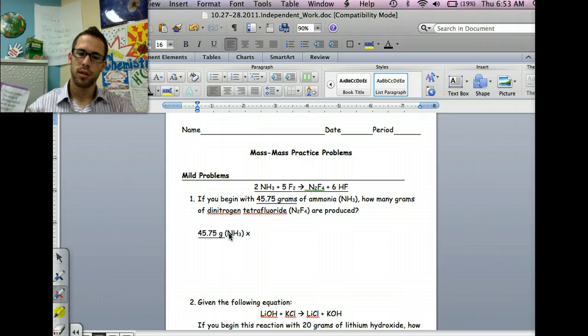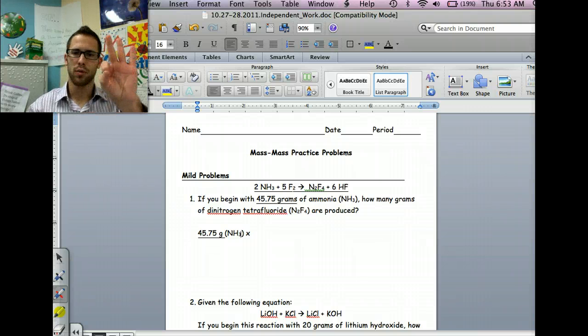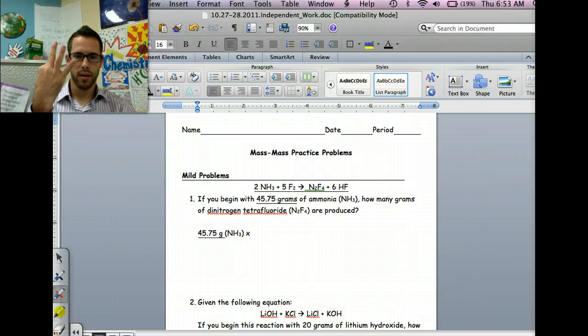Nice, I am right. So that's 14 plus H3. I have 3 H's, and H weighs 1 gram for every mole. So 3 times 1 is 3. 3 plus 14 equals 17.